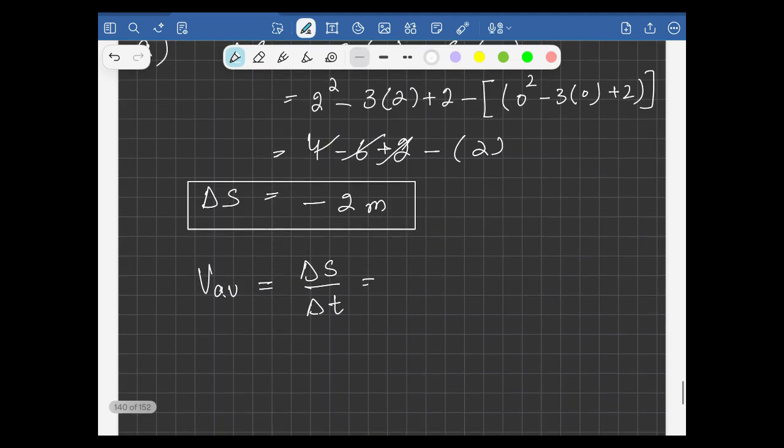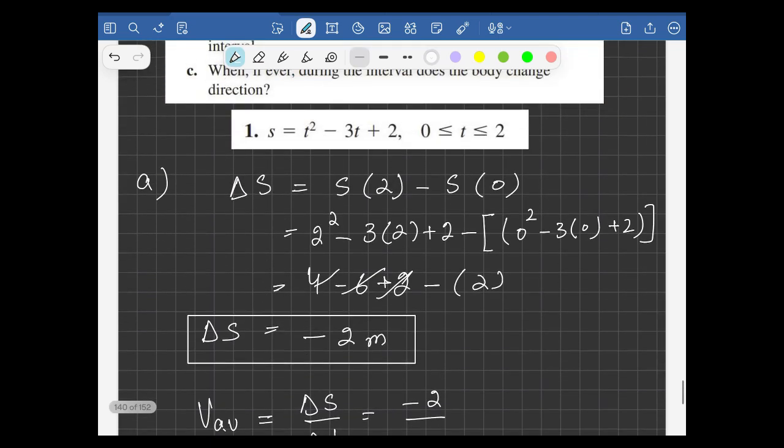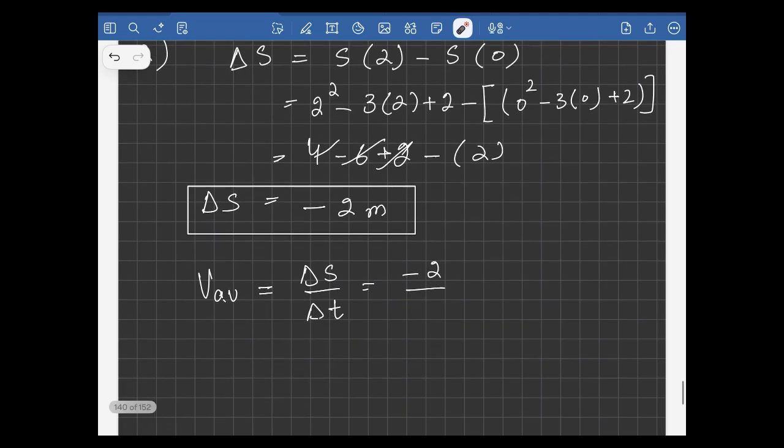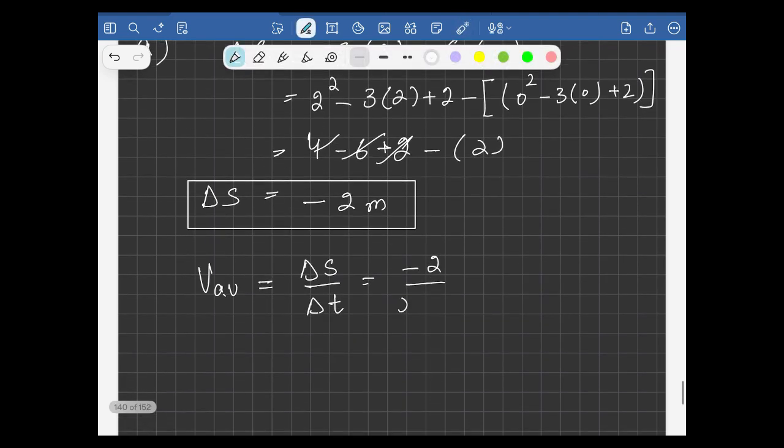All right, so the change in the displacement that we already found out in the first part of the question is minus 2, and the change in the interval says it's changing from 0 to 2. So the change in interval will be the final point minus the initial point, which is 2 minus 0. So let me write this, 2 minus 0 equals minus 2 over 2. And finally, it's minus 1 meter per second.